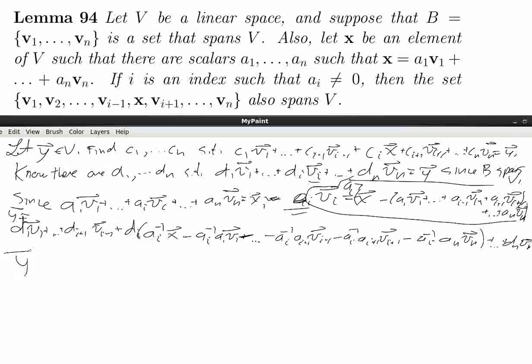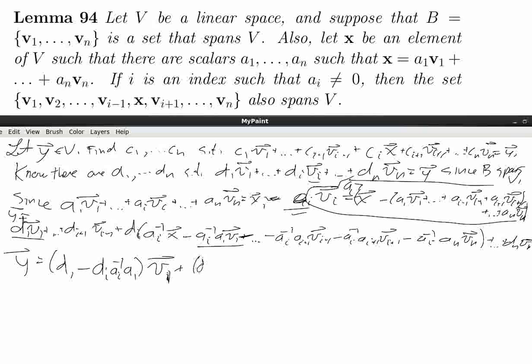So I have y is equal to, the coefficient for v1 is d1 minus di ai inverse a1. So I'm grouping all the d1s together. Here are all my v1 stuff.